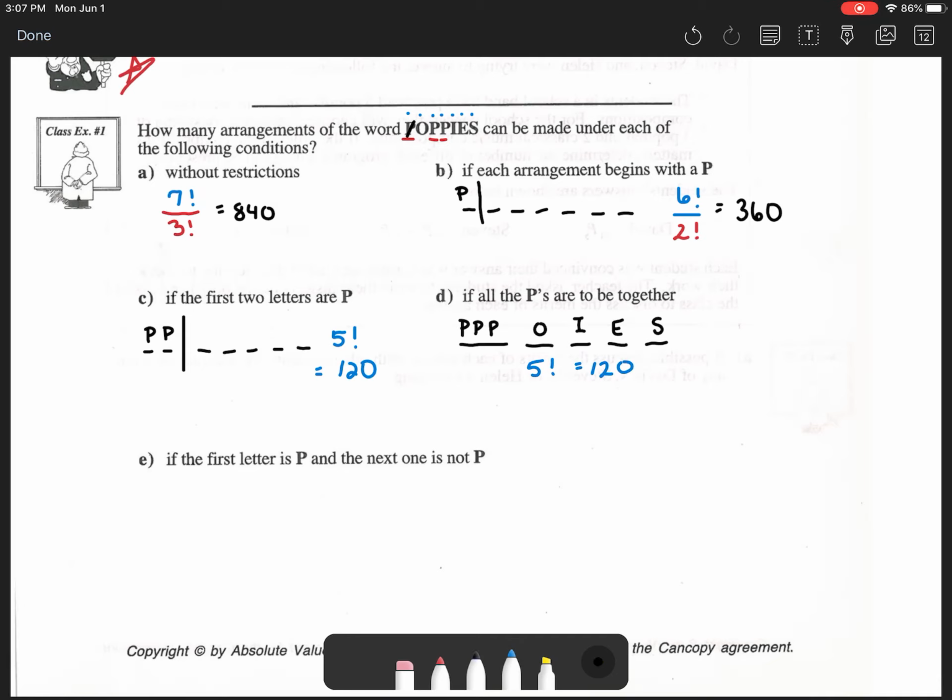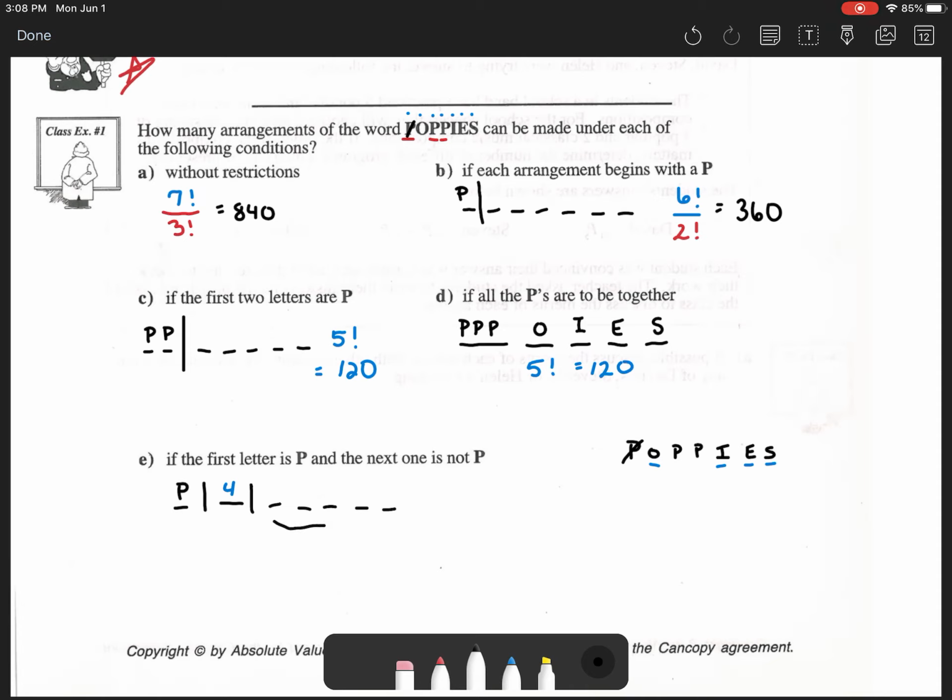E is a little trickier. It says if the first letter is a P, so you make the first letter a P, and the next one is not a P. So the next one can't be a P. I'll write it out here on the side: P-O-P-P-I-E-S. If I make the first one a P and the next one cannot be a P, that means there are 1, 2, 3, 4 options for the next one. So there's a 4 there. Following that, there would still be 1, 2, 3, 4, 5 things to order.